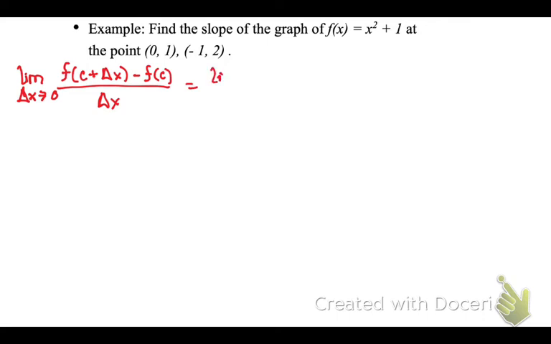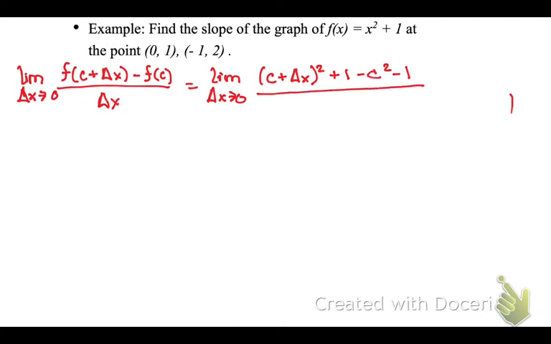So I have the limit, delta x. So now we have c plus delta x squared plus 1 minus c squared minus 1, not x, over delta x.